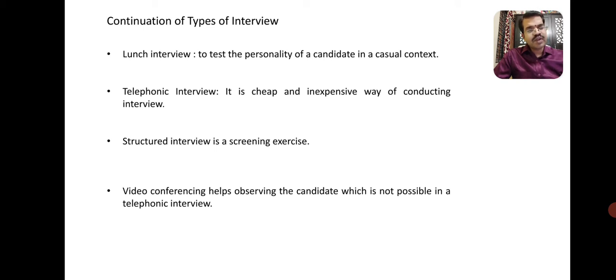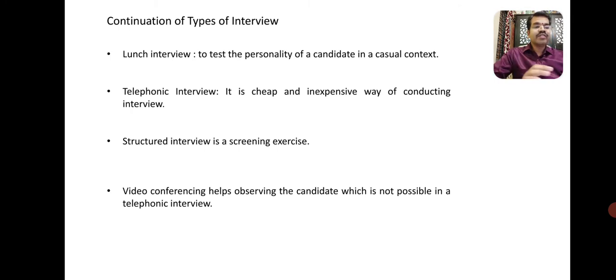There can be only a yes or no answer, and you don't have the third option of can't say or I don't know, because such responses are not given any option in the structured interview. So the element of guess or uncertainty is very little in a structured interview.